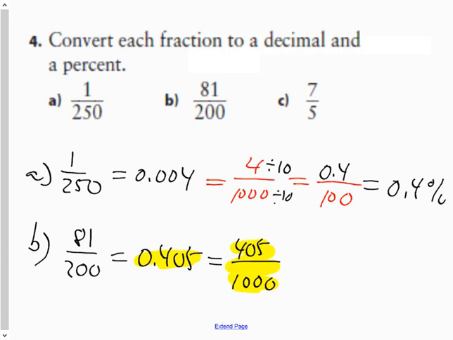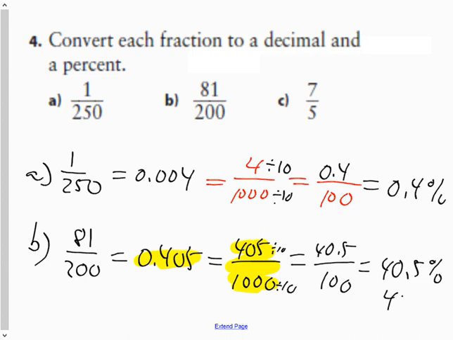Once you have it written that way, to get it into a fraction out of 100, you divide by 10 and get 40.5 out of 100, which is 40.5%. You can write it that way, or if you want to be fancy, you could write it as a percent with a decimal. Both are the correct answer.